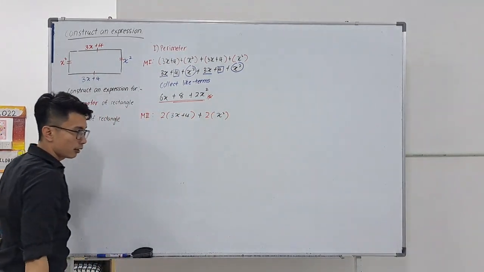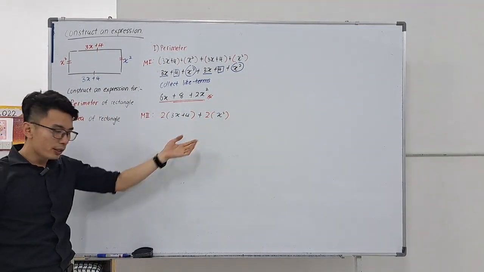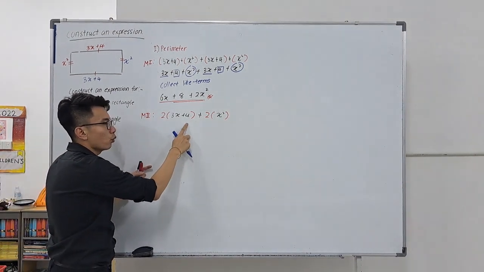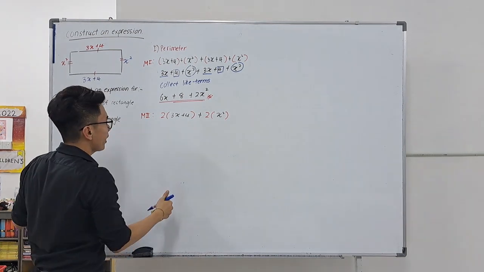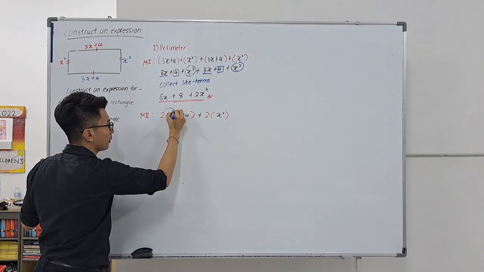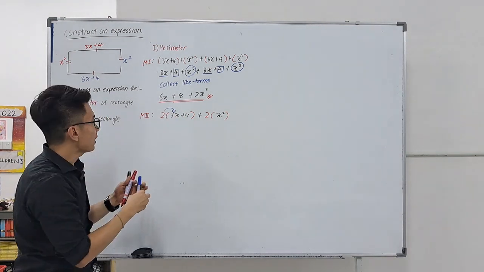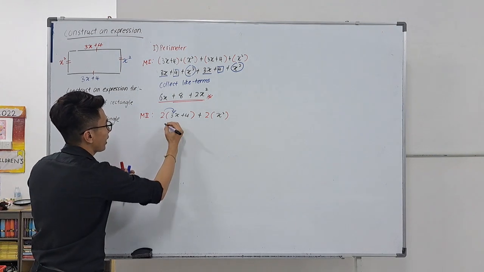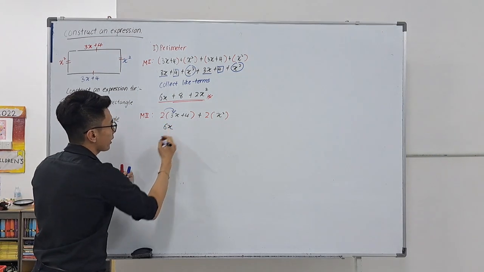That will be x squared. Since we are done with this, what do we do next? Over here, we are going to expand it. To expand it, we take the outside number and multiply inside. 2 times 3x gives 6x.